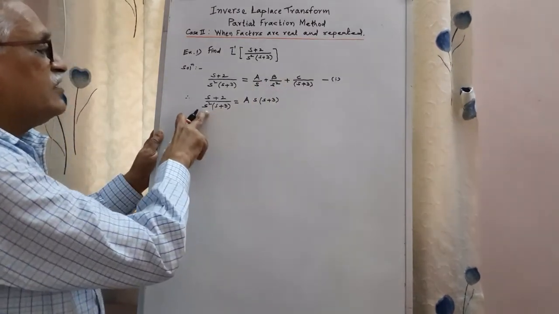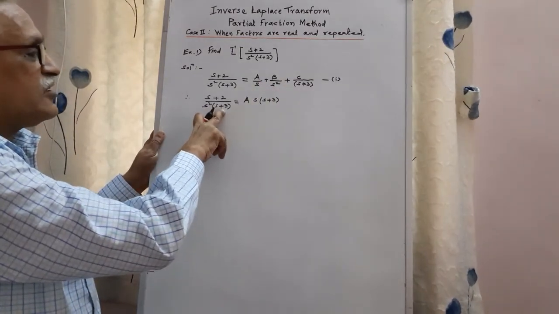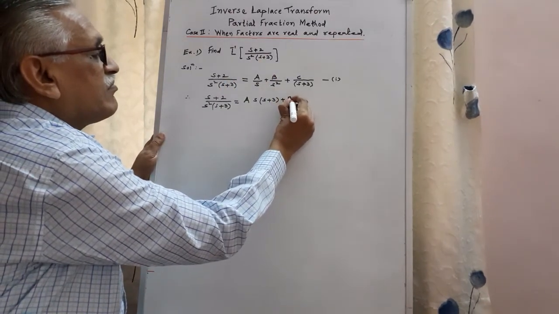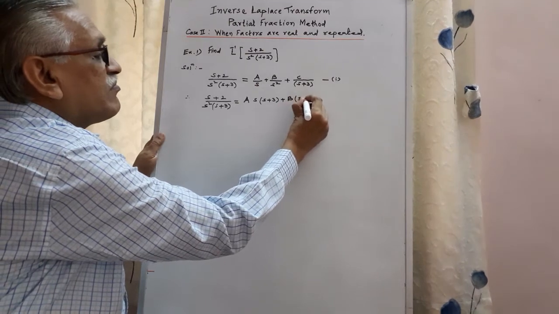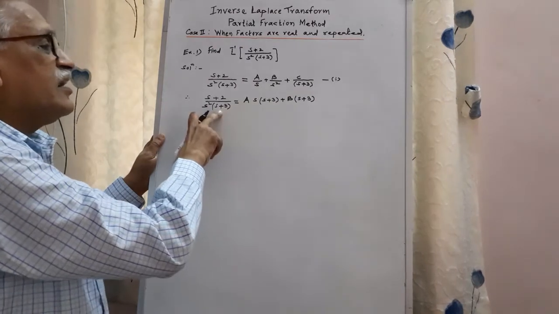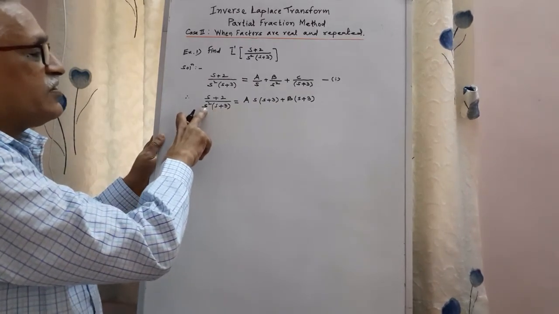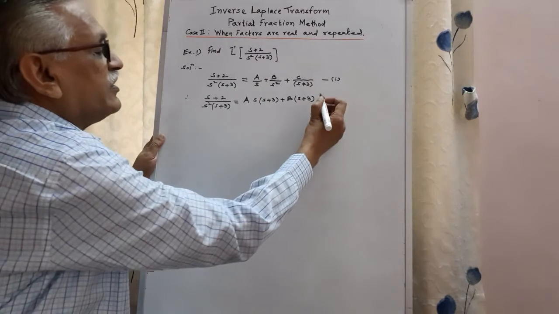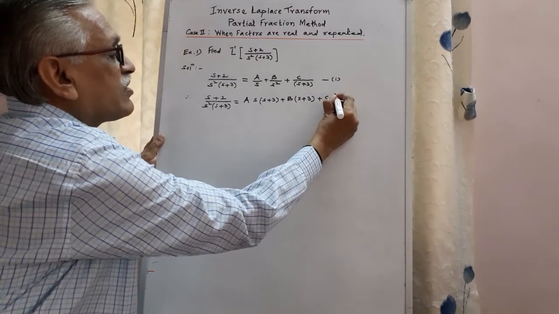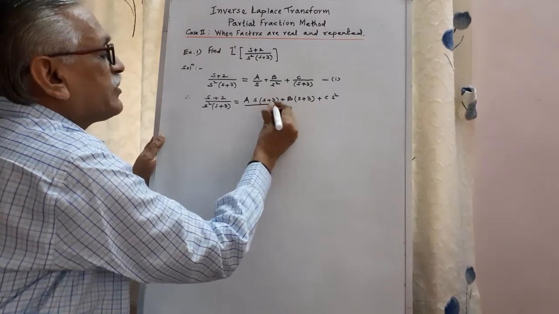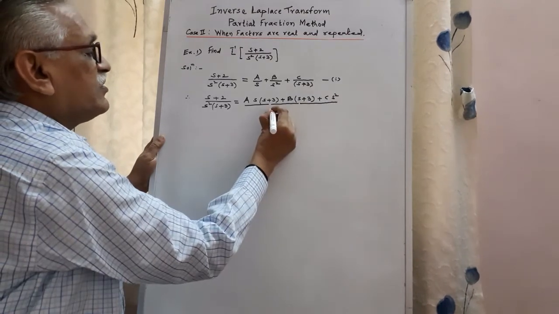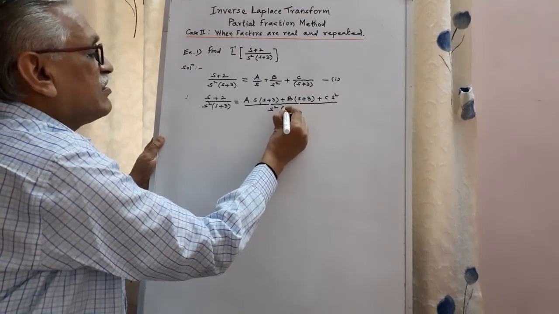Dividing by s square gets cancelled, remains s plus 3, therefore B into that term. Dividing by s plus 3 gets cancelled, remains s square, therefore C into s square, and the whole divided by the LCM s square into s plus 3.